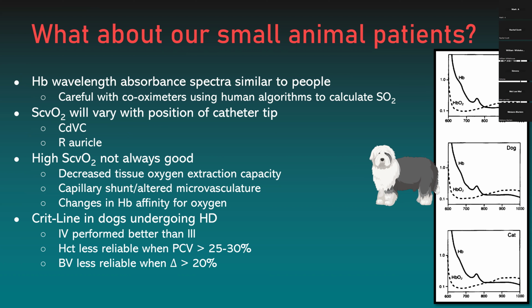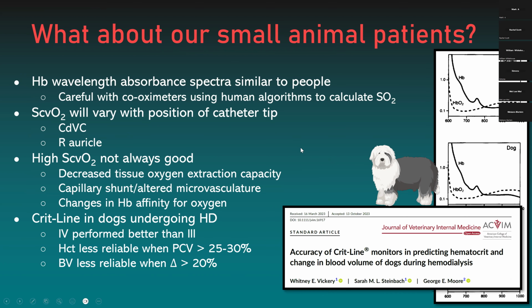And then another thing, I just found another paper looking at the Crit-Line in dogs undergoing hemodialysis. They looked at the accuracy of Crit-Line readings in predicting hematocrit and change in blood volume. They found the Crit-Line 4 performed better than the 3, so it was more accurate. Again, as we mentioned earlier, changes in PCV or hematocrit could change the accuracy of the Crit-Line.